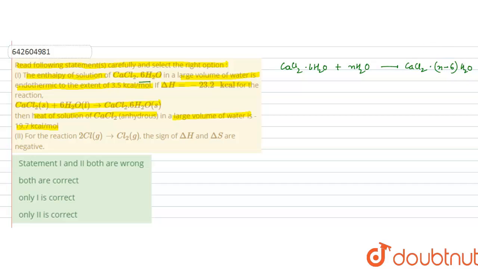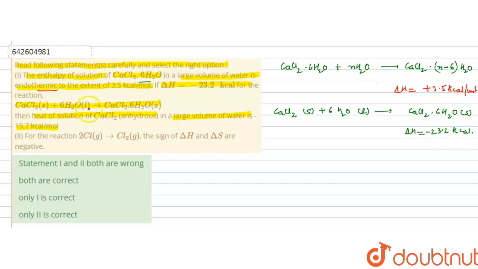It is given that it is endothermic, so its ΔH value will be positive, plus 3.5 kilocalorie per mole. Now the second thing we are given is that for this reaction, CaCl2 solid plus 6H2O liquid forming CaCl2.6H2O solid, ΔH is minus 23.2 kilocalorie.